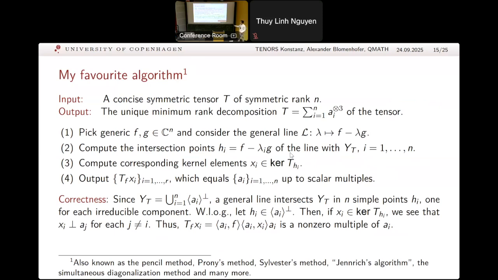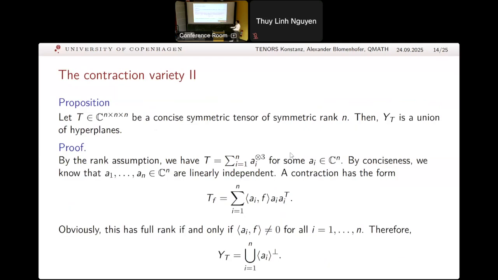And then basically on each of these intersection points h_i, the T(h_i) will have a kernel. Otherwise it will be full rank. Okay? So basically we have these kernel elements. And now what do these kernel elements do? Actually, if you look back one page, these h_i are exactly orthogonal to one of the a_i, right?